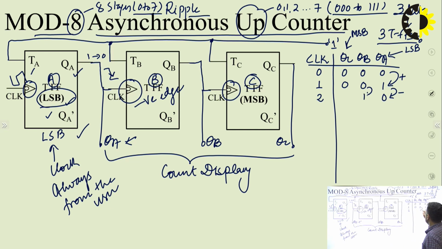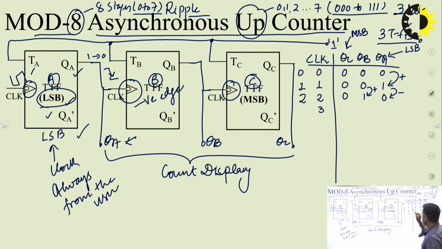So B has toggled. Now this 0 to 1 is positive. If it is positive, that means C is not going to get the desired clock, so C will remain in its previous state. So you can see that 0, 0, 0 is equivalent to 0. This 0, 0, 1 is equivalent to 1. This 0, 1, 0 is equivalent to 2.